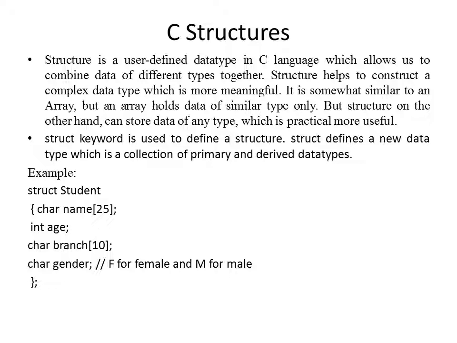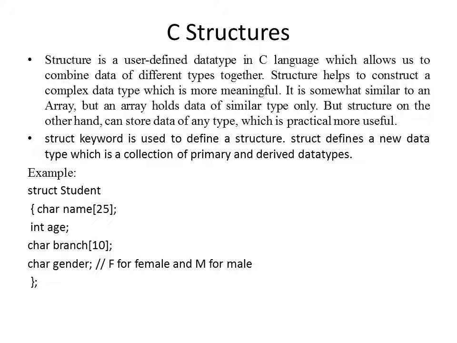Here you can see the example on the slide. We have one student. Related to the student we have four parts: name of the student, which is a string; age of the student, which is an integer; branch, whether A branch, B branch, C branch, and so on, according to the coding scheme of the organization where the student belongs, that is a char data type.